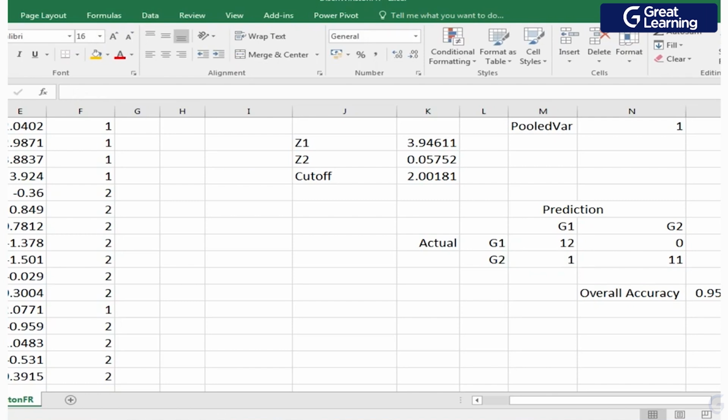Of the least admired 12, the computer correctly predicted 11 out of the 12, but one company among the least admired, the model got confused and placed it as the most admired. It's not so. That's the error. Least admired is 12. The model allowed one of the least admired to be placed in the most admired. So, that is the type 2 error, and type 1 error is 0. The type 1 error and type 2 error are contextual.